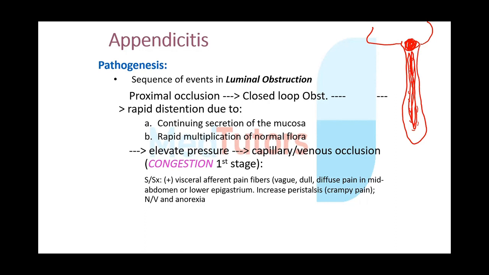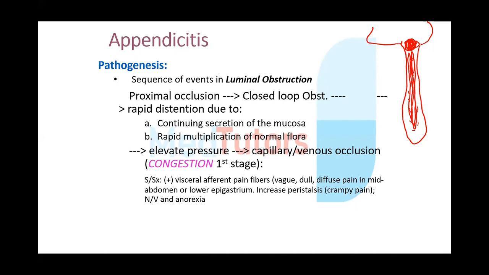Okay, you see the visceral afferent pain fibers that present as a vague, dull, diffuse pain in the mid-abdomen or lower epigastrium, because you know the appendix is a mid-gut structure. The pain is usually around the umbilical area.